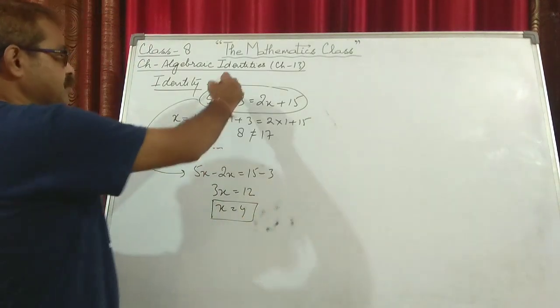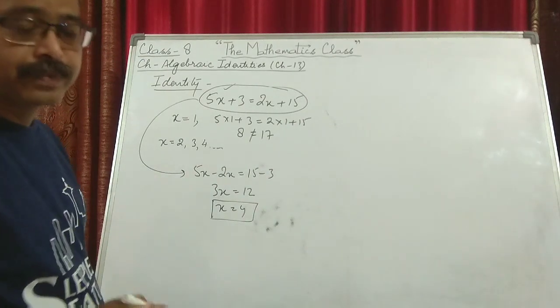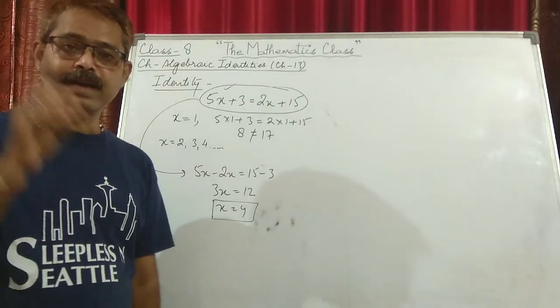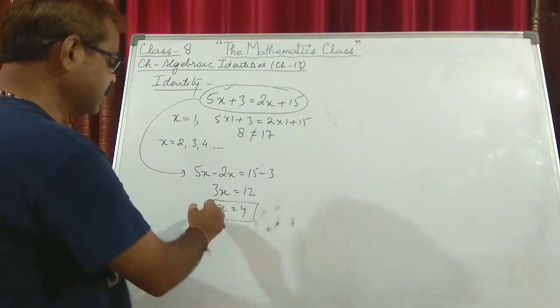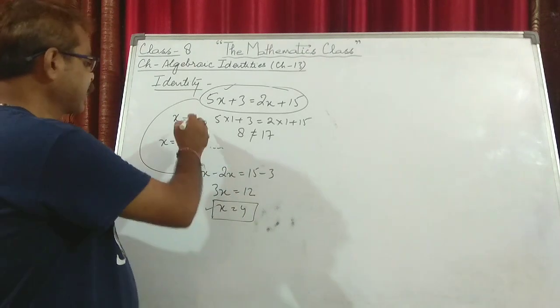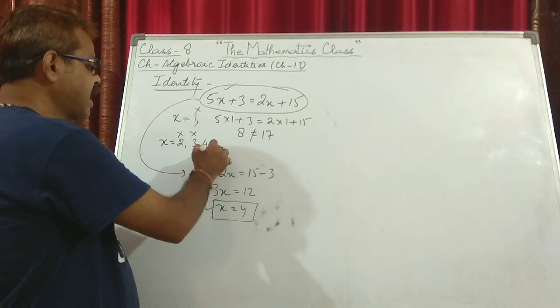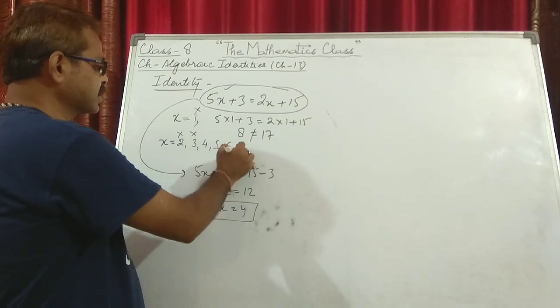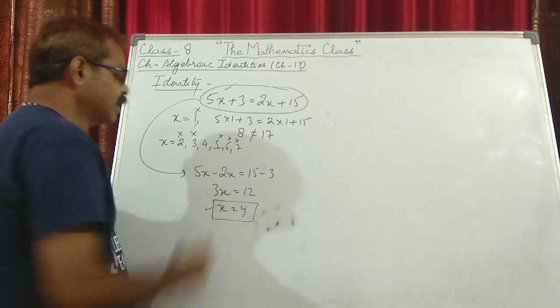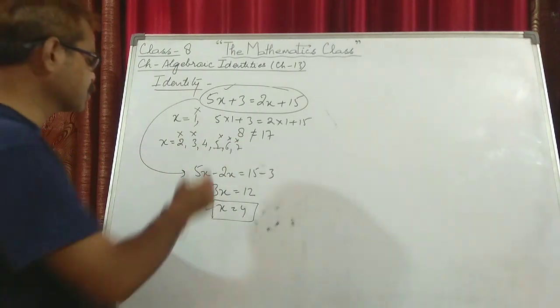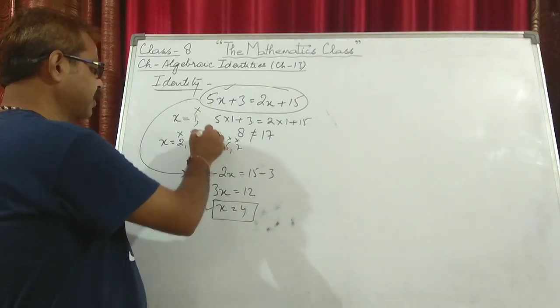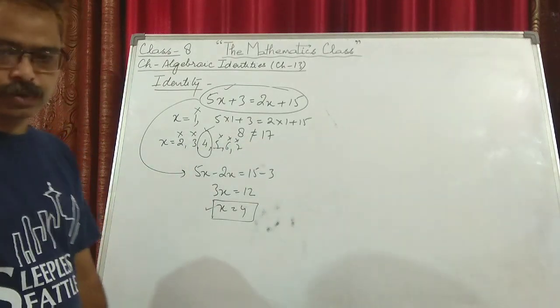This equation is only valid when the value of x is substituted as 4. For x equal to 1, 2, 3, 5, 6, 7 and so many numbers, this equation does not hold. This equation holds only for the value of x as 4.